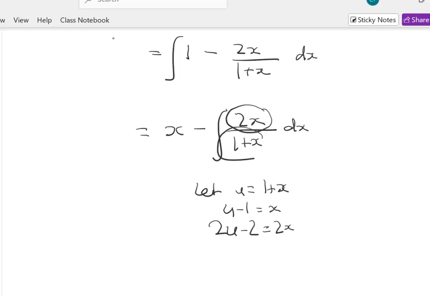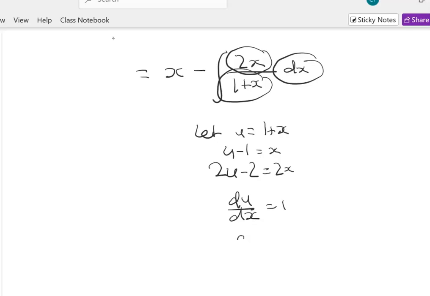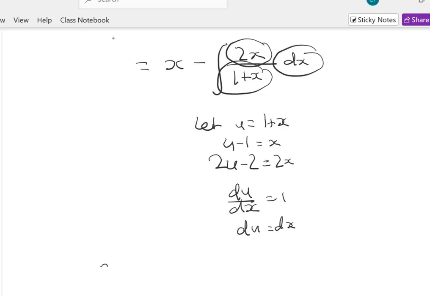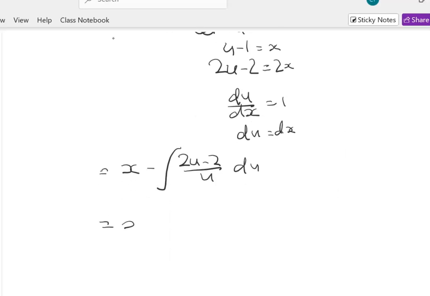Because I'm trying to match this, and then lastly I've got du by dx is equal to 1, so du equals dx. So when I chuck all of that into my integral, we get x minus the integral of 2u minus 2 over u du, which gives me x minus the integral of 2 minus 2 over u du.